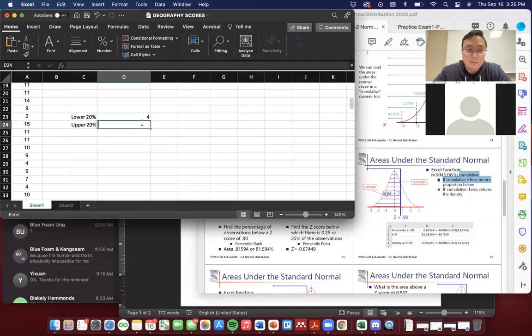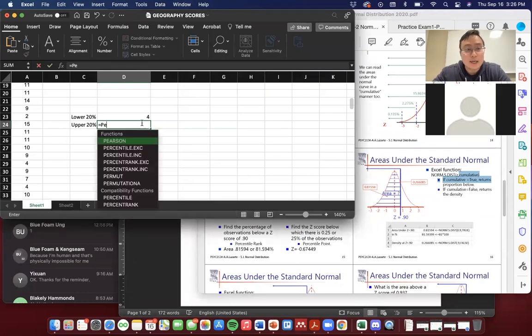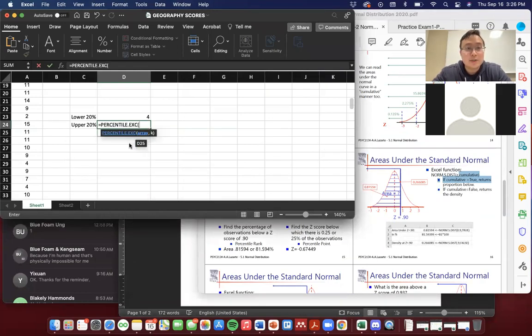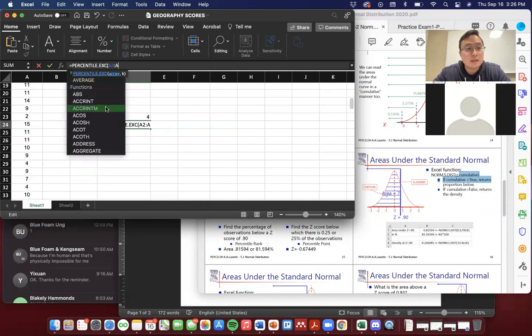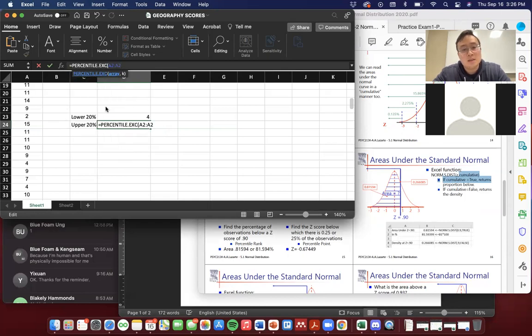So we're going to do that right now. Percentile exclude, same thing with the array. There. 80th percentile, right? 13.